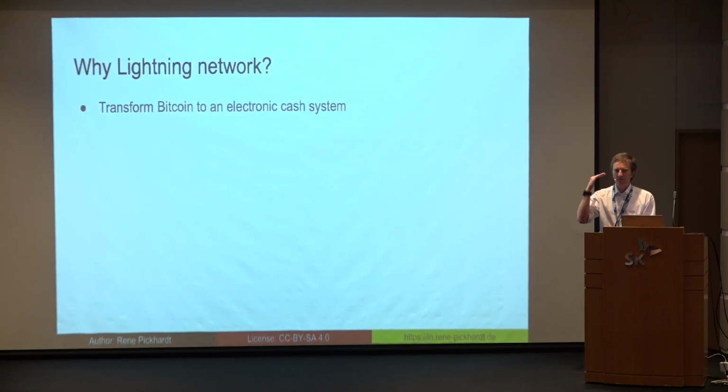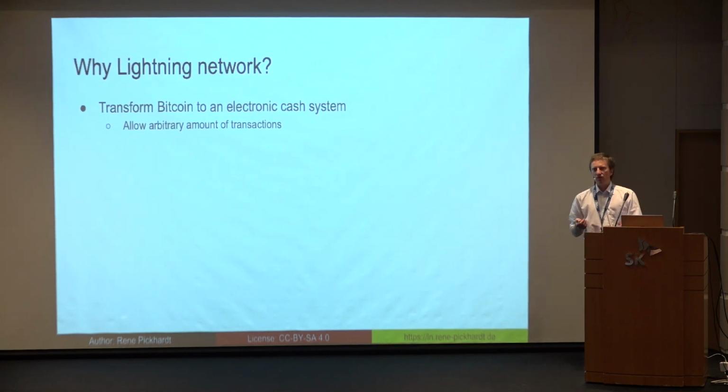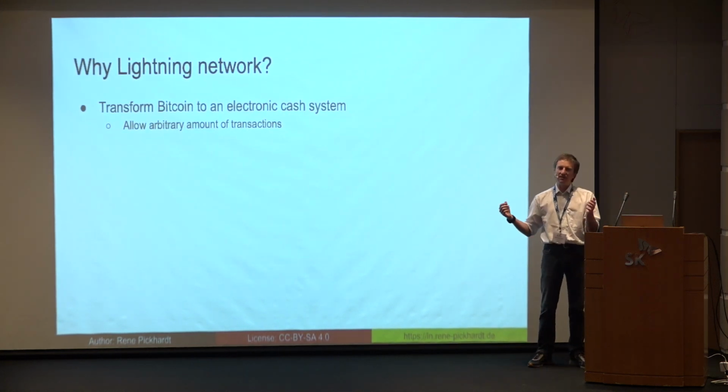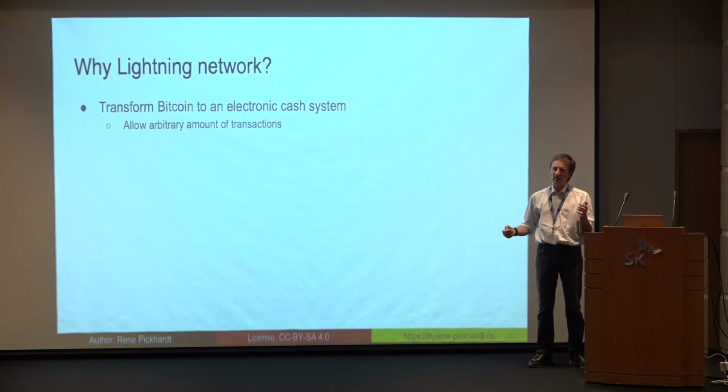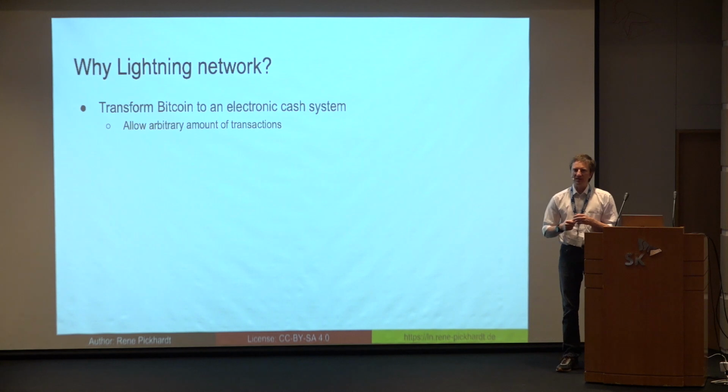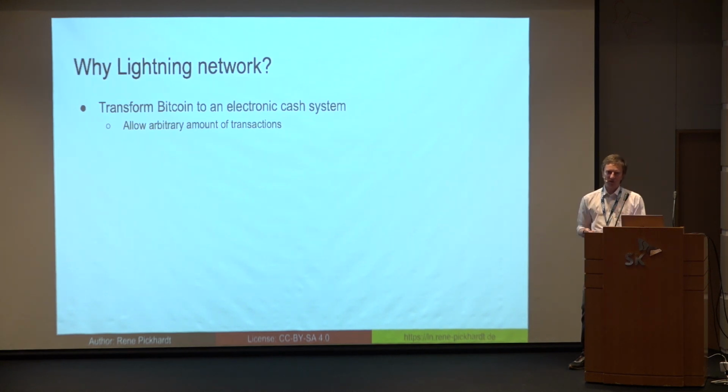We have to have layer 2 mechanisms to solve the transaction issue. We want to be able to have an arbitrary number of transactions. If my transaction to Bob is completely independent from your transaction to Alice, then they can happen at the same time and they can happen instantaneously. So the system will scale. So that is the hope.